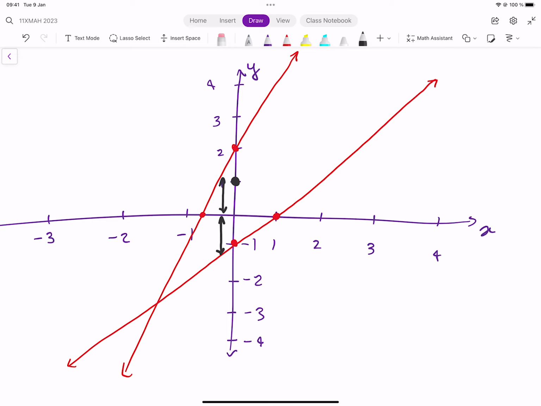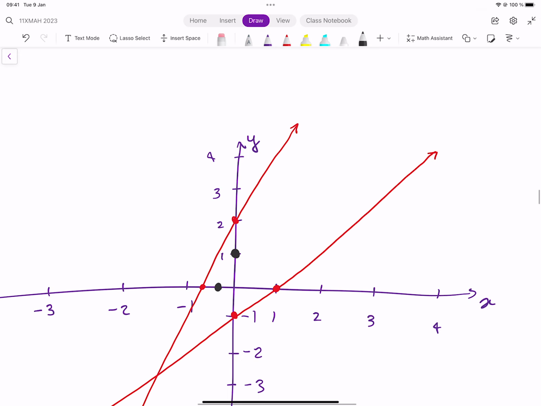So if we add those two graphs together, it's just going to get 0. So we're going to have our y-intercept about here. Now, what's happening here? Well, we've got a red value of 3, and then down here we've got a value of about minus a half. So it's going to take, not the whole bit off, but it's going to take a tiny bit off.